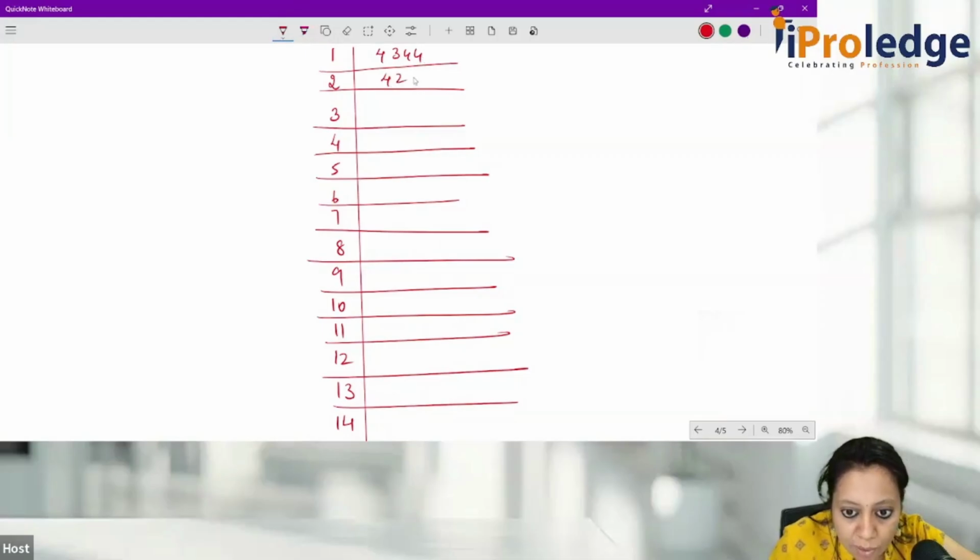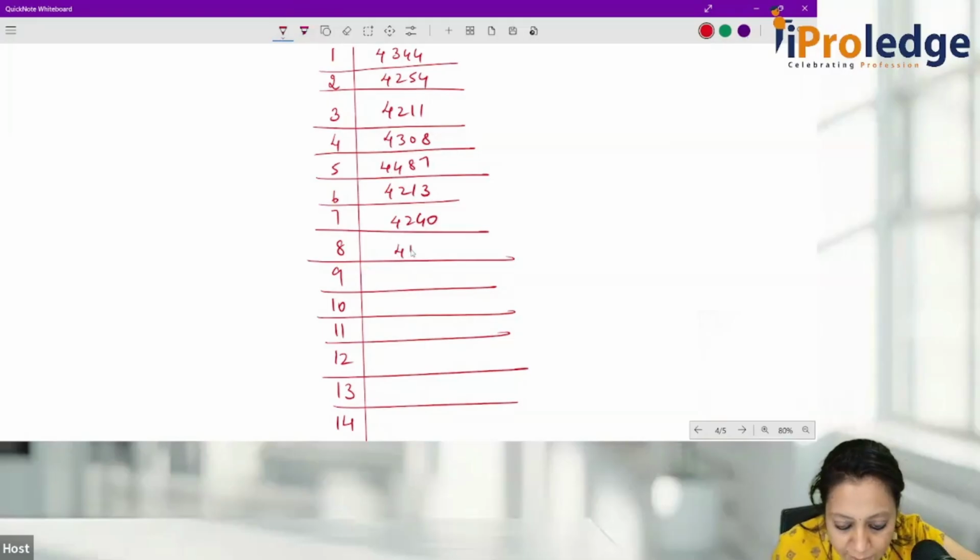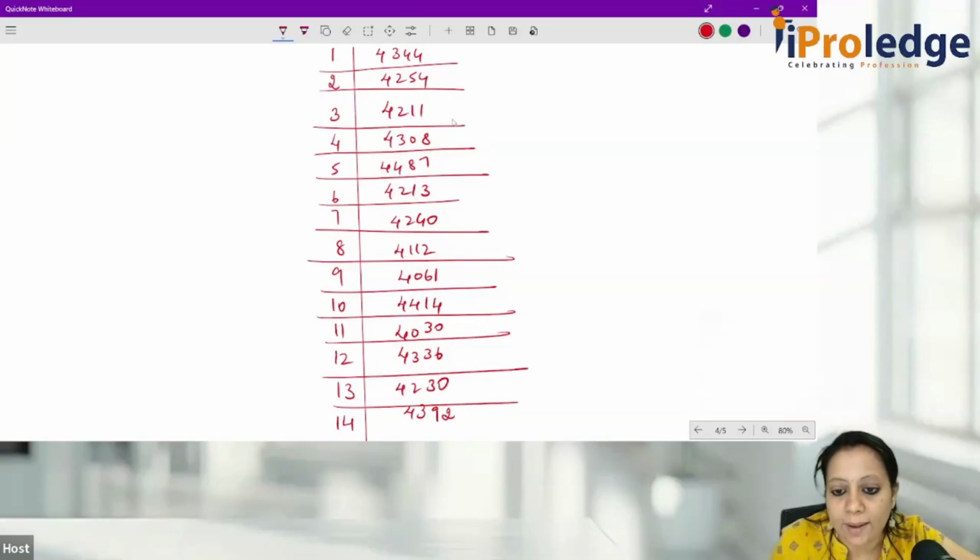The prices are 4344, 4254, 4211, 4308, 4487, 4213, 4240, 4112, 4061, 4414, 4030, 4336, 4230, and 4392. So many are given.